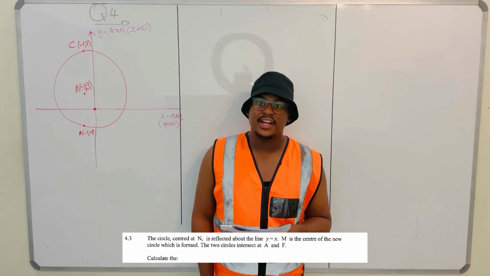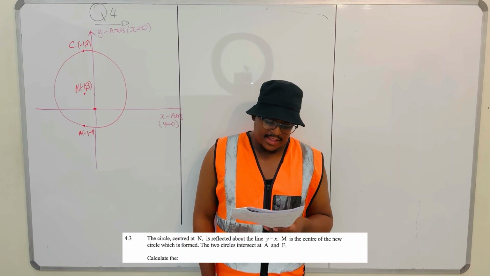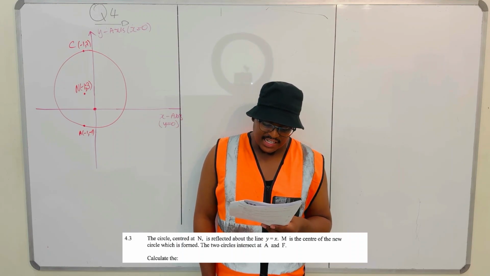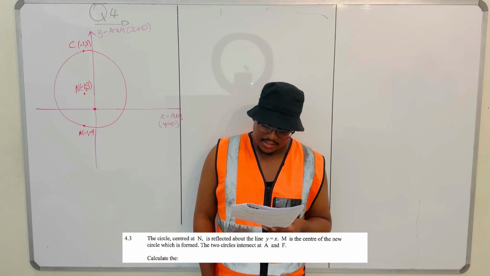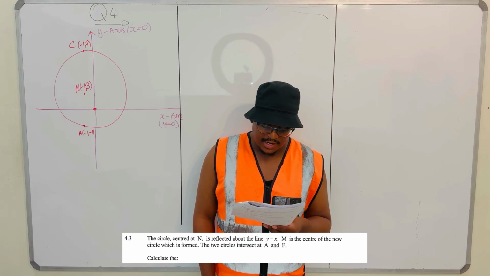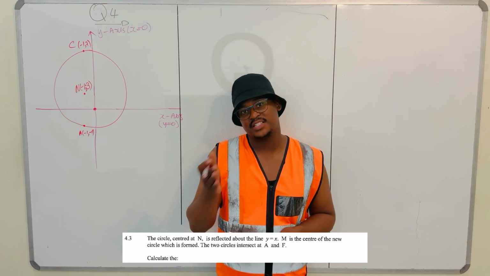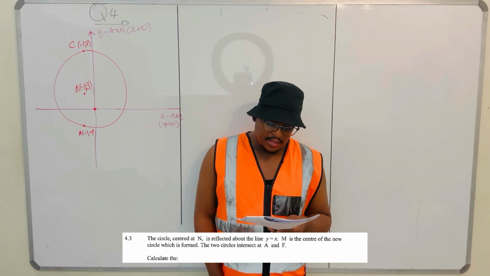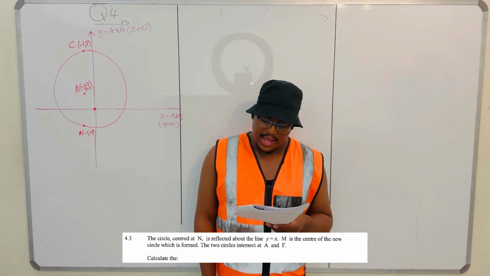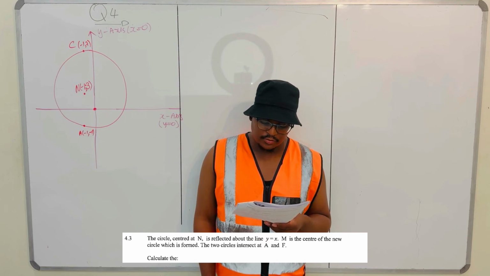Question 4.3. They are saying the circle centered at N is reflected about the line y is equal to x. M is the center of the new circle which is formed. The two circles intersect at A and F. Let me read this again. They are saying the circle centered at N is reflected about the line y is equal to x. M is the center of the new circle which is formed.